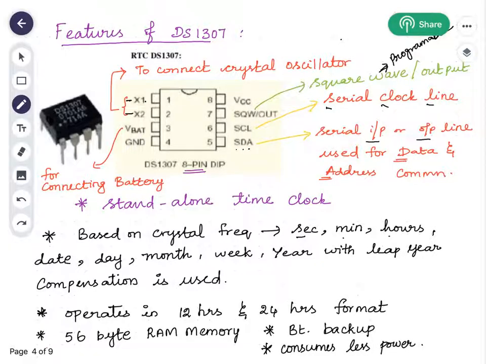This particular RTC DS1307 is designed to show the time and date correctly up to the year 2100. It can operate either in 12 hours format or in 24 hours format with AM and PM facility. This 8-pin IC consists of 56 bytes of RAM, battery backup, and it also consumes less power.